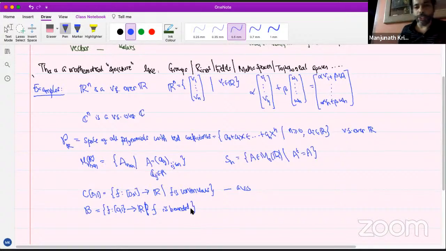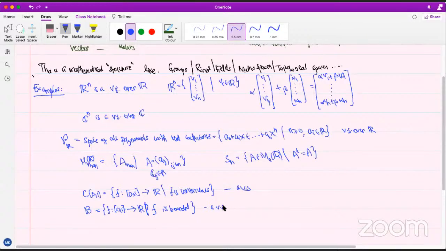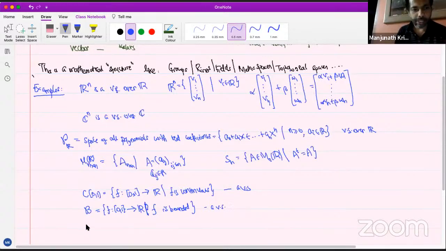Okay, that's also a vector space. Is it a vector space or not? Yes, sir. It is a vector space. What about C plus of 0,1, the set of all functions from 0,1 to R plus, meaning 0 to infinity, positive functions.